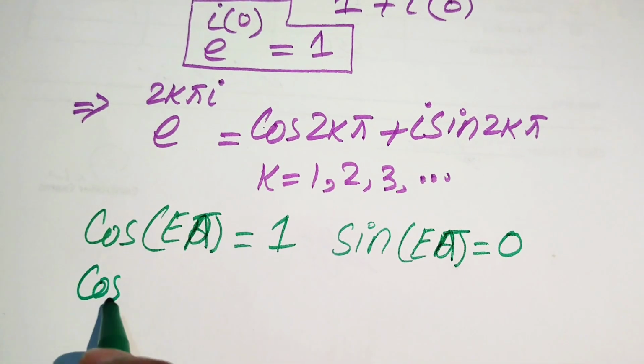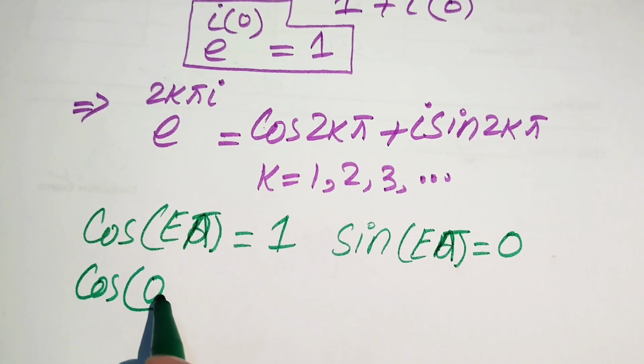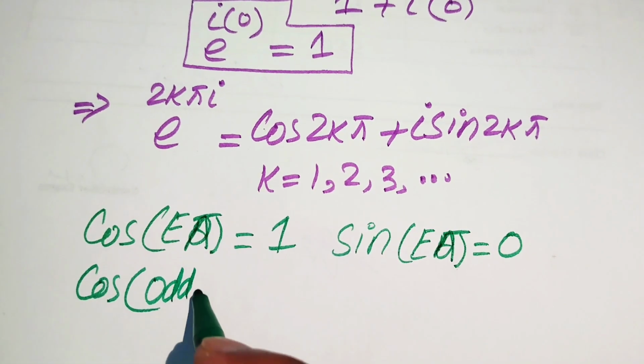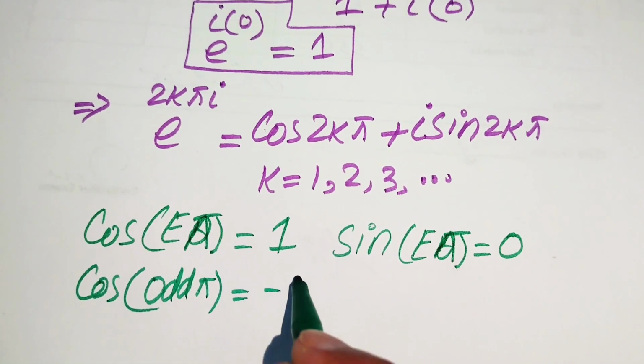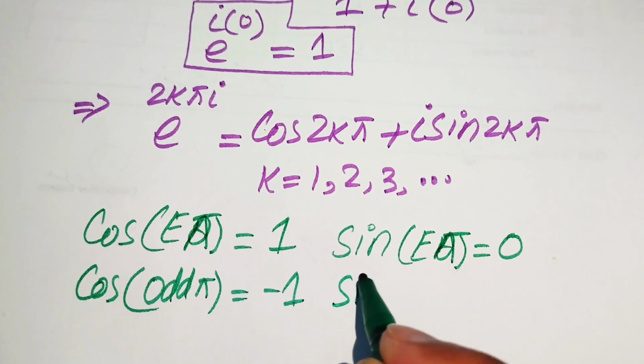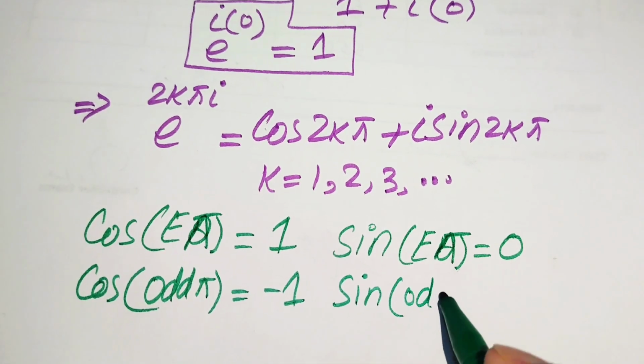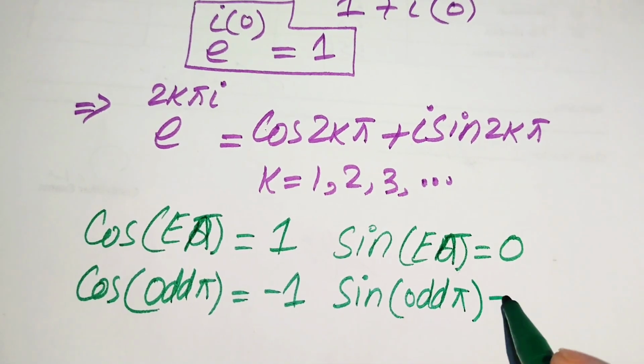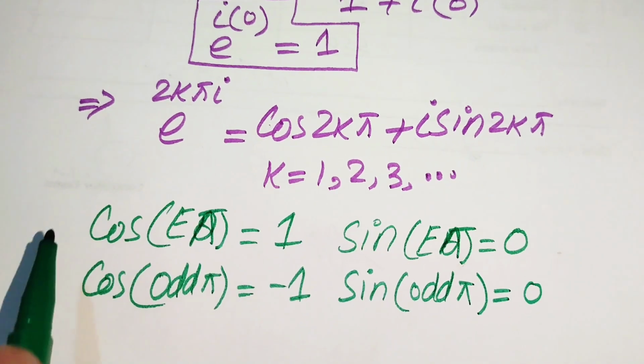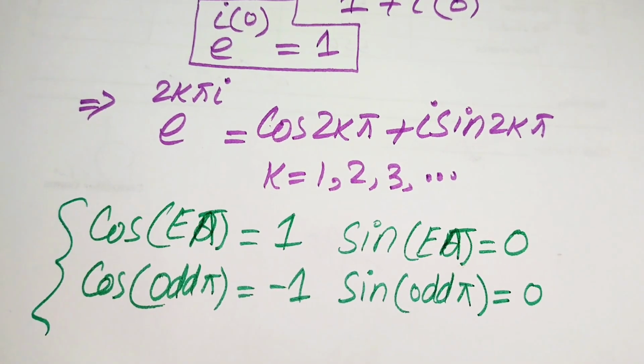Similarly, for the odd case, we have cos of an odd multiple of pi is equals to minus 1, and sine of an odd multiple of pi always gives us the value 0. So here we use these values to further solve the above equation.